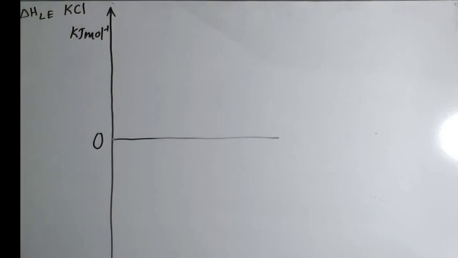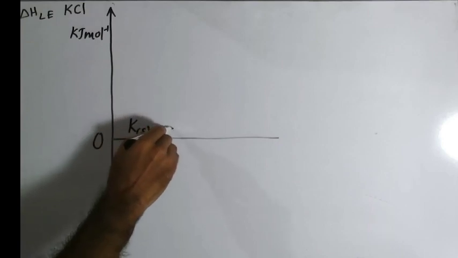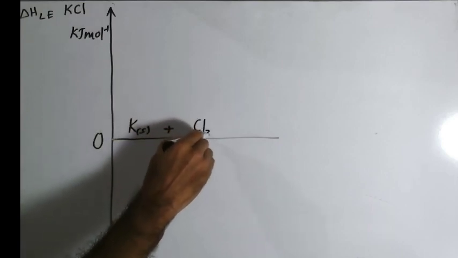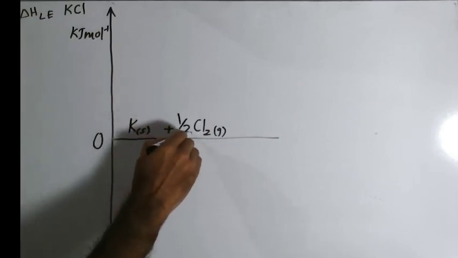Then you have to think about which elements you are going to place at the 0 level. Thermodynamically, the most stable elements, solid potassium and molecular chlorine, should be placed at the 0th level. We can also put half here.